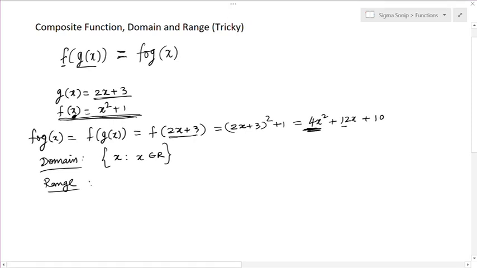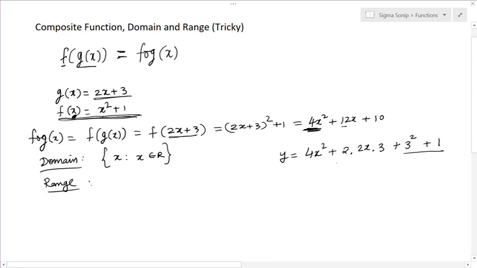We can find the vertex now. The easiest way to do it is to convert this into a square. So this is my function, 4x square. I'll write that as 2 times 2x times 3, and then this becomes 3 square, and 1 is left there, so that is 10.